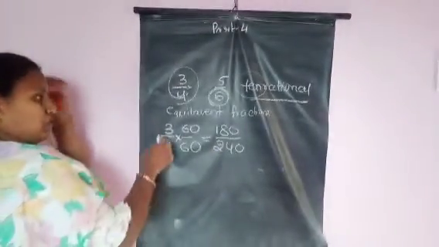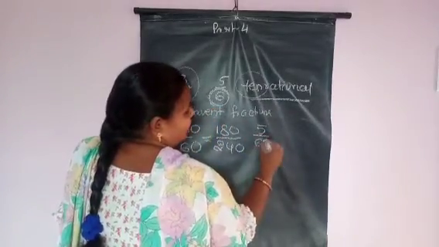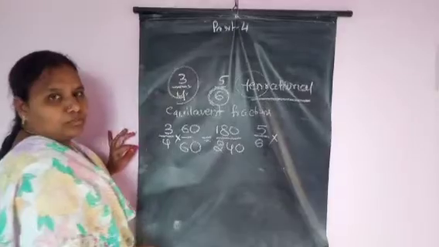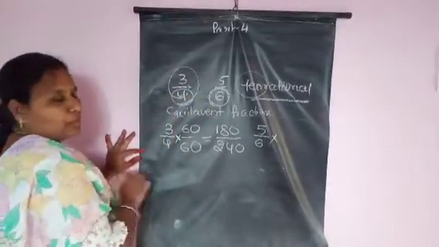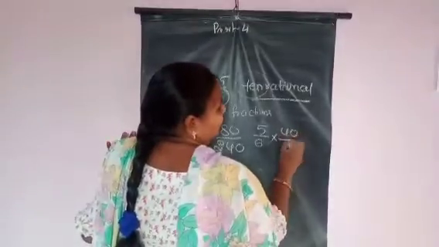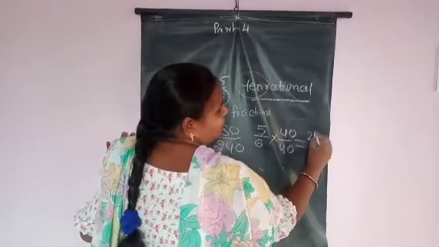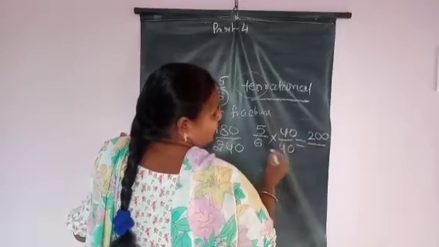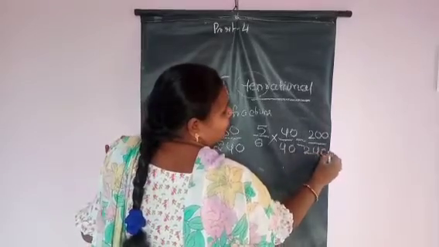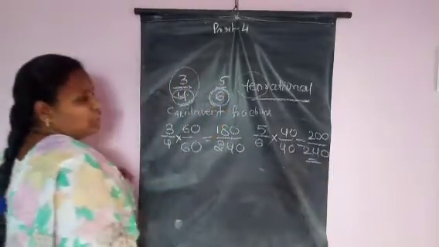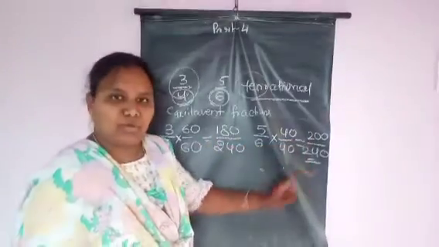And in this case, for the second one, 5 by 6, multiplied by the other denominator, which is 4, so 40 by 40. Now 5 40s are 200 and 6 40s are 240. So we have 180 by 240 and 200 by 240.